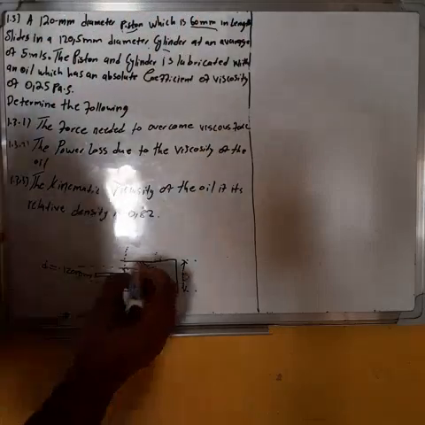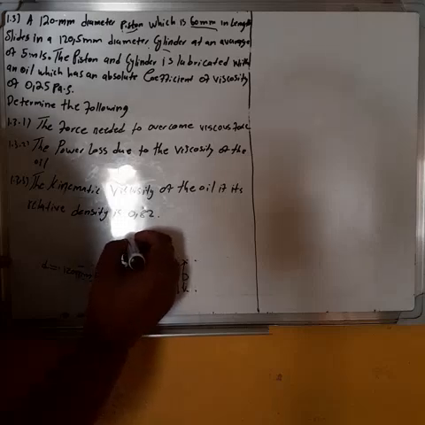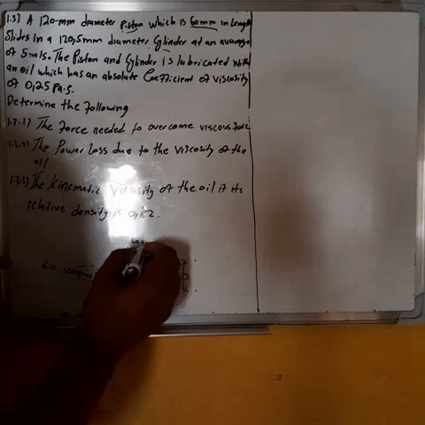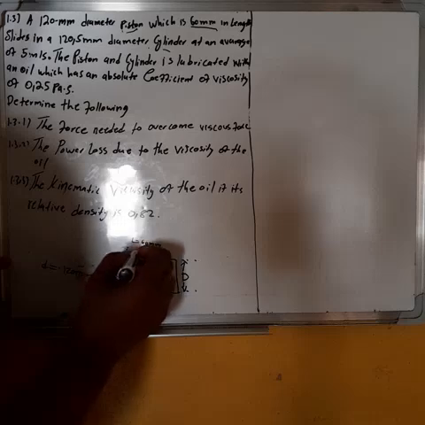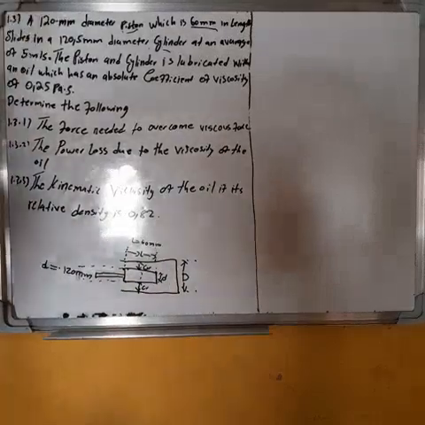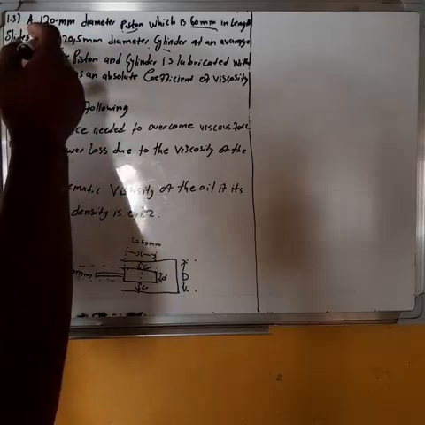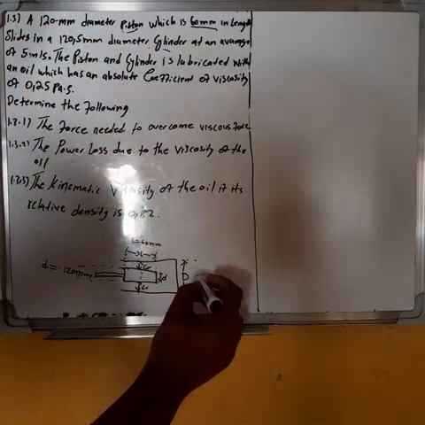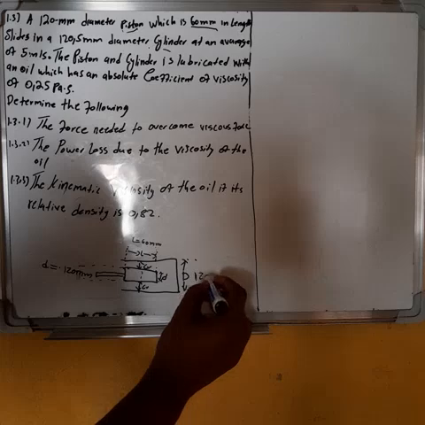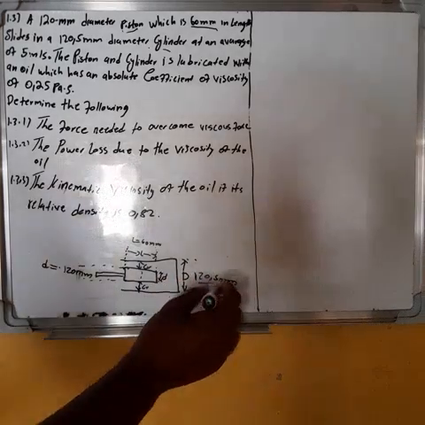This length here is 60 millimeter. This length was of the piston, not of the cylinder. The diameter of the cylinder must be 120.5 millimeter. The diameter of the cylinder, this one, right?